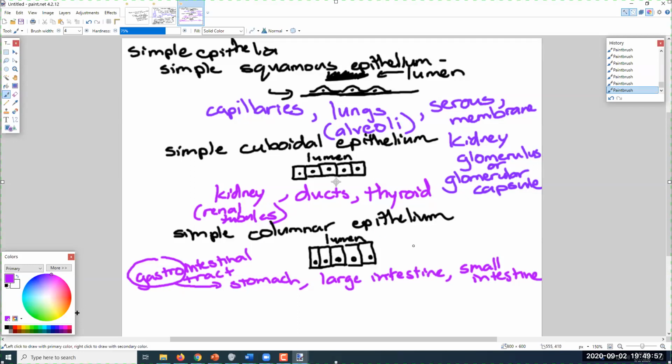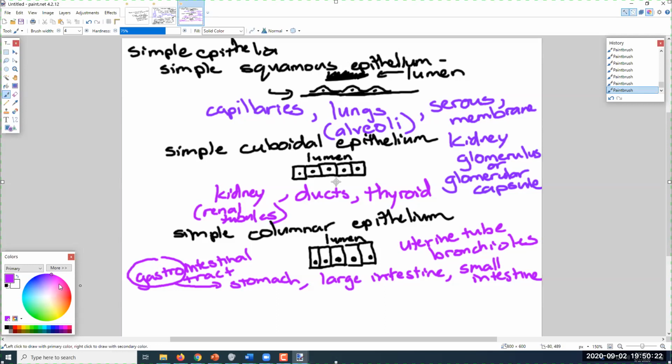You also find this in the uterine tubes. The uterine tubes have many different names: fallopian tubes, oviducts. You also find this in the bronchioles as well. For the most part, I may end up showing you the small intestine as the slide.